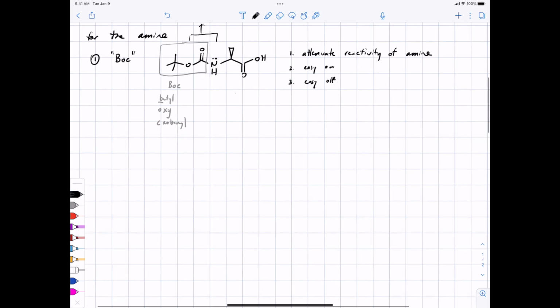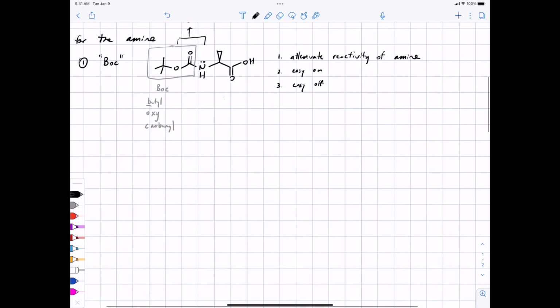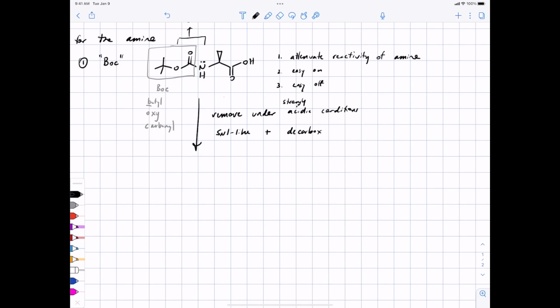So let's talk about how you first remove the Boc protecting group. It turns out you can remove the Boc protecting group under acidic conditions. And maybe we'll say strongly acidic conditions. Basically, the mechanism is SN1-like, and it involves a decarboxylation.